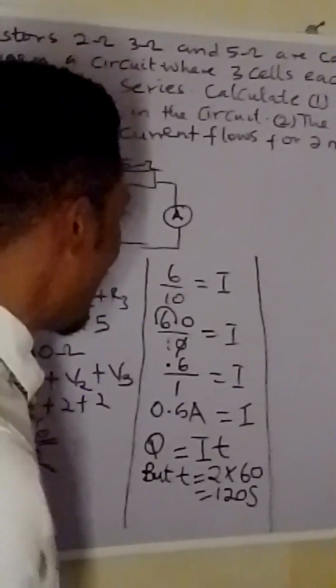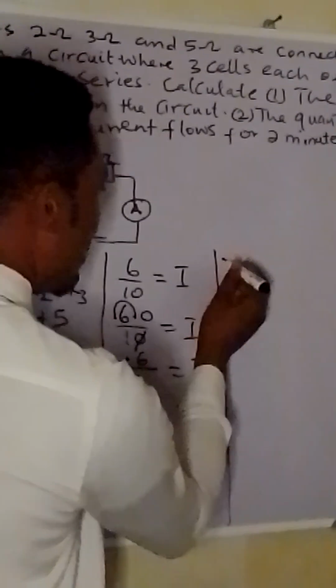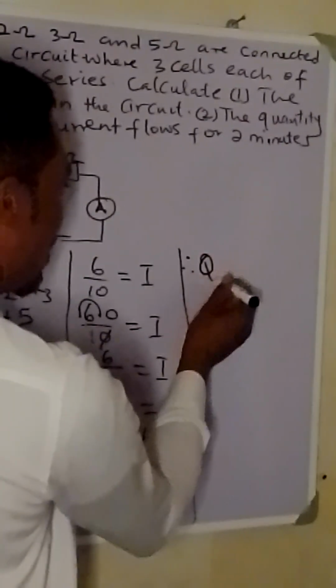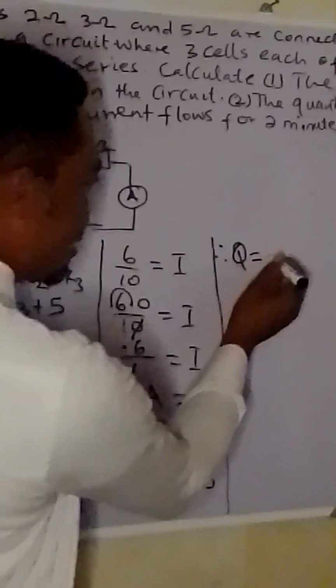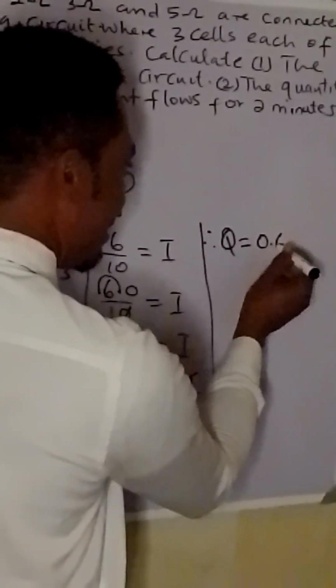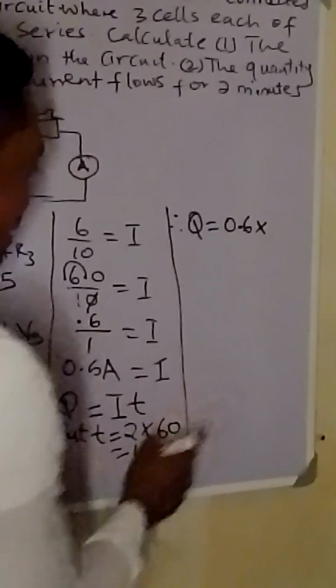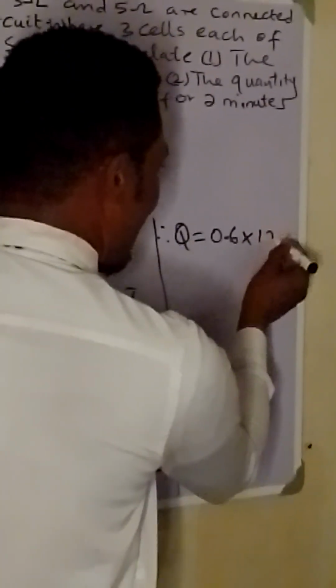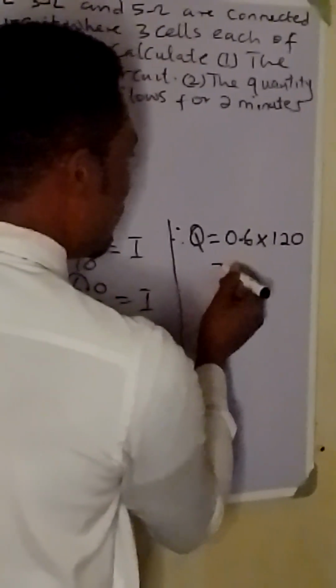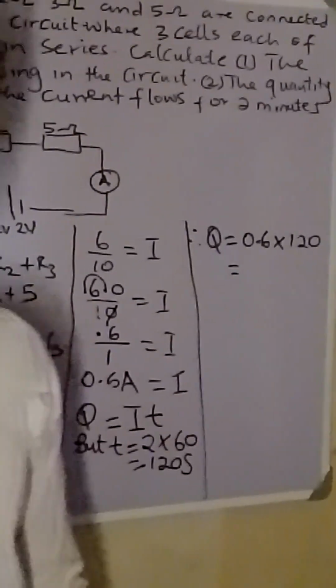And we do that. We say, therefore, Q will now be equal to, the current is 0.6, that means 0.6 times, the time is 120, that means times 120, which will be equal to, see how we will also do it.